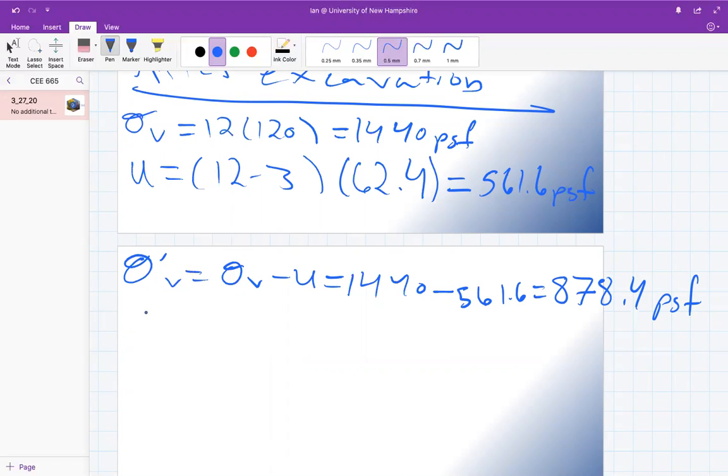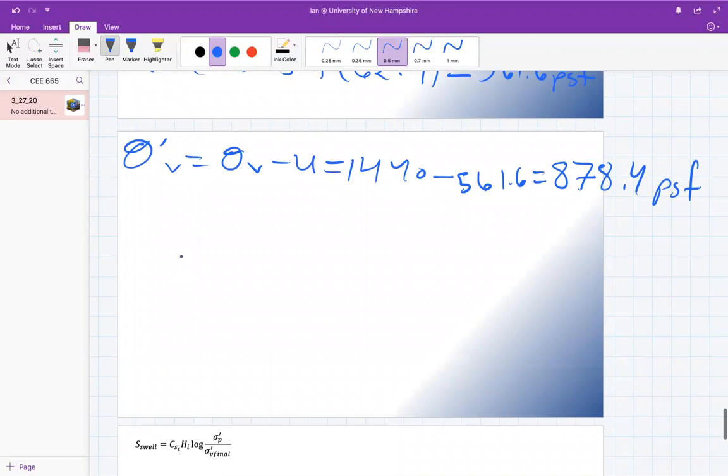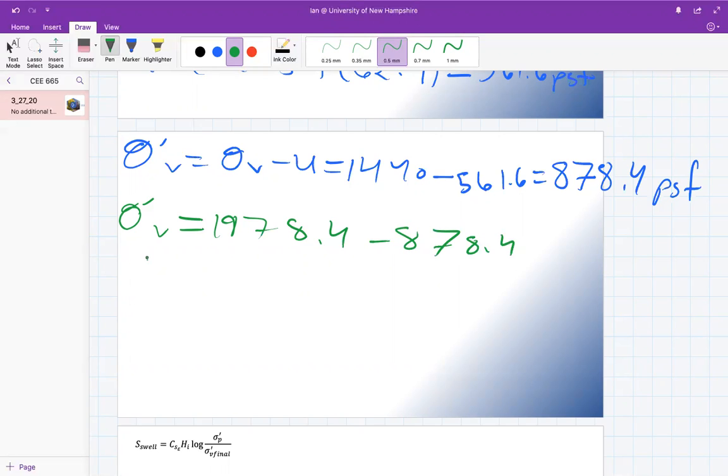So now for the second half of the problem, I'm going to write this in green. And we know between the two different sigma v's, we are going to say 1978.4 minus 878.4. So the change in vertical stress between before and after excavation will equal 1100 PSF.